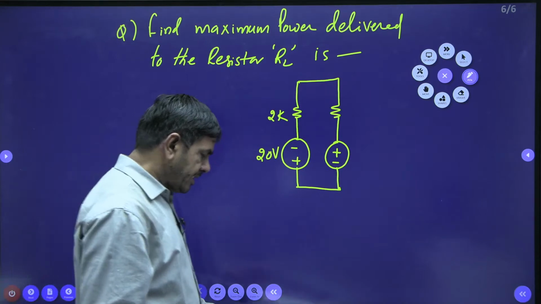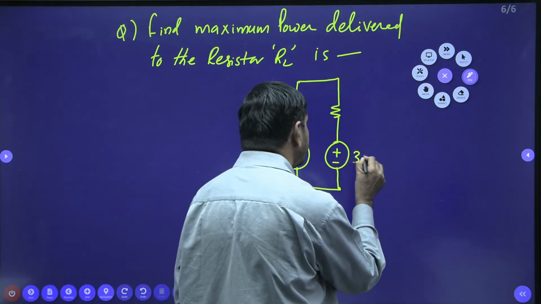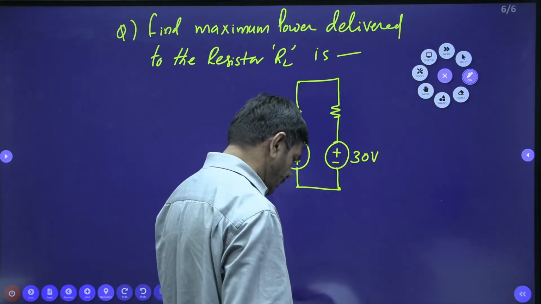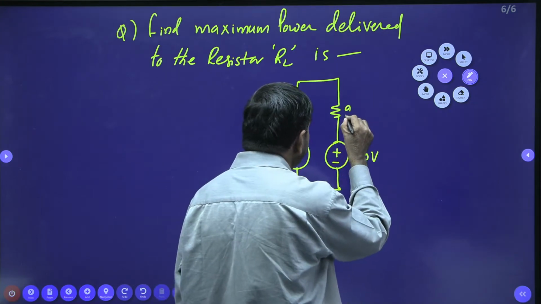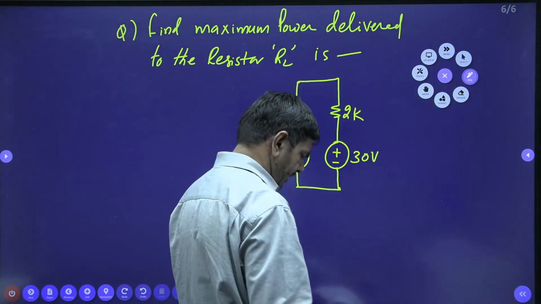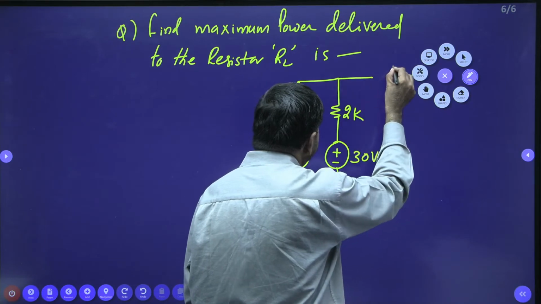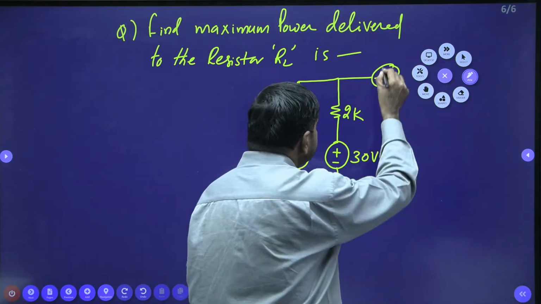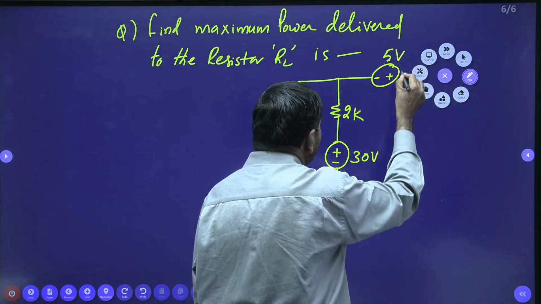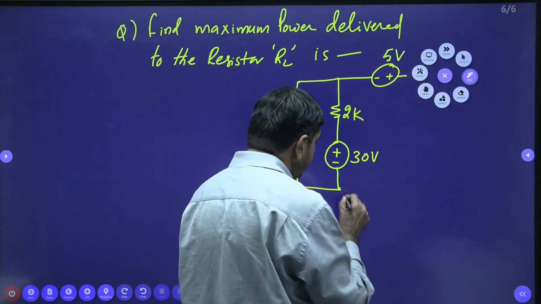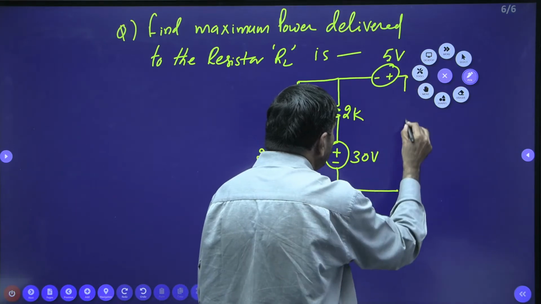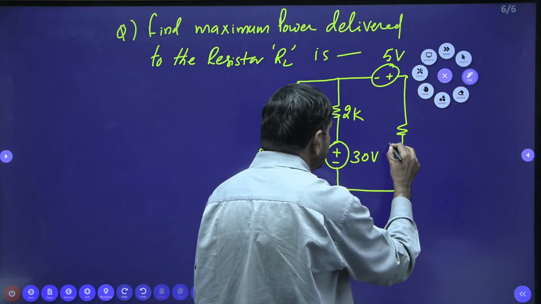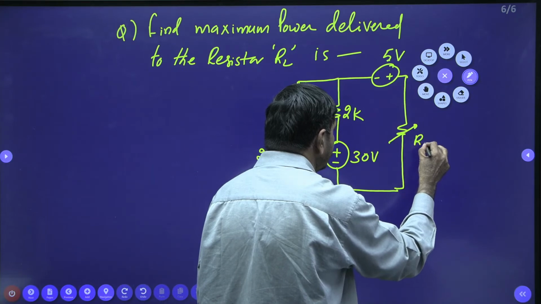That voltage source is 30 volts and the value of that resistor is 2K. And here one more battery is connected, minus and plus. This voltage is 5 volts. The load resistor is connected like this, RL.